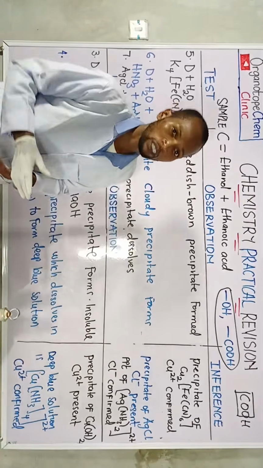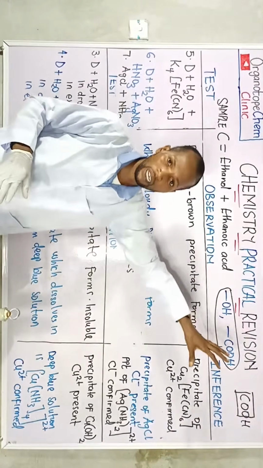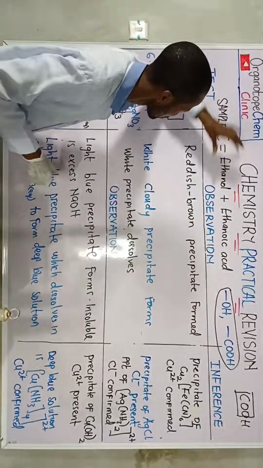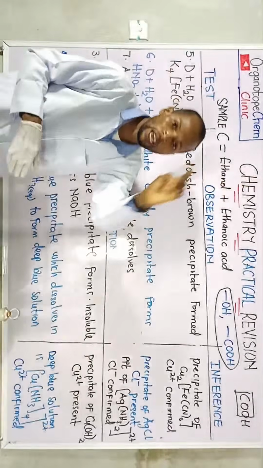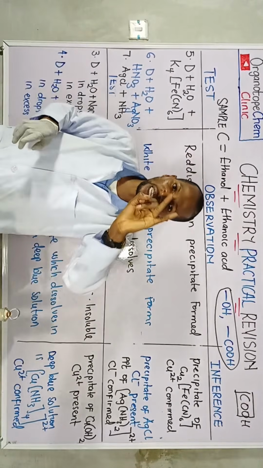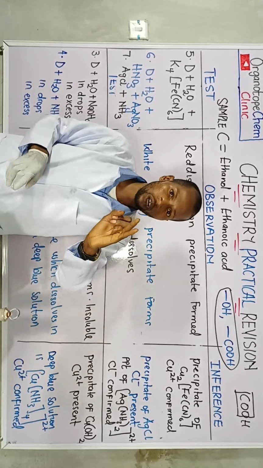Now, before we go into the chemical equation, let us go through the mixture again. In the first mixture, that is sample C, we have 2 compounds, the ethanoic acid and ethanol. Those are the constituent organic compounds that we have in the mixture.